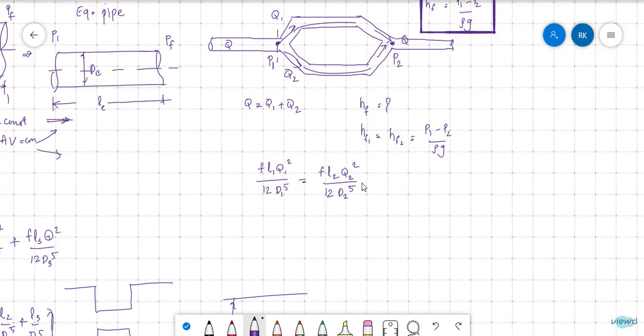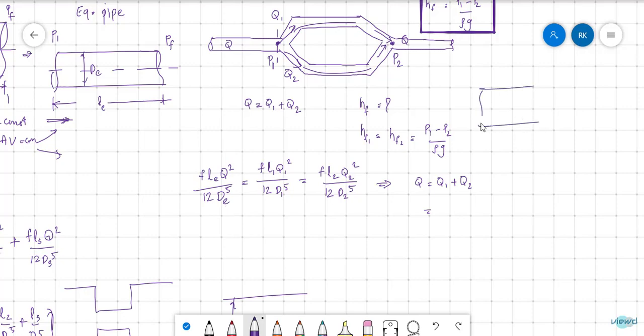So from this, what you can write, so these are equal, and Q is equal to Q1 plus Q2. So from this we can write f L_E Q square divided by 12 D_E power 5.